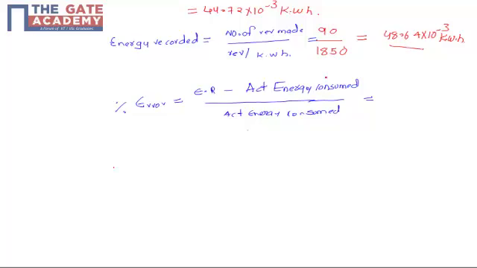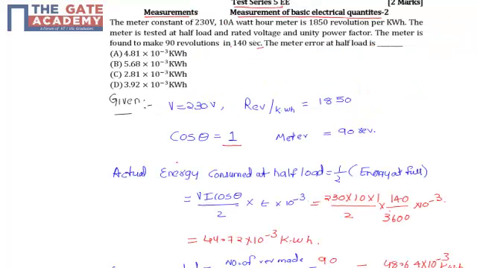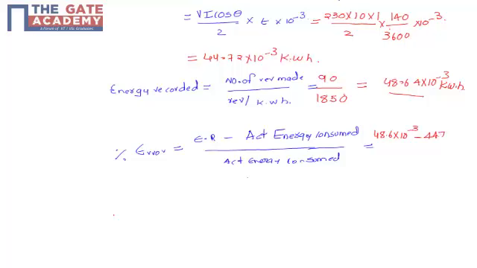That is 48.64 into 10 power minus 3 minus 44.72 into 10 power minus 3 kilowatt hour, divided by 44.72 into 10 power minus 3 kilowatt hour. After solving, we get the percentage error as 3.92, which is option D.